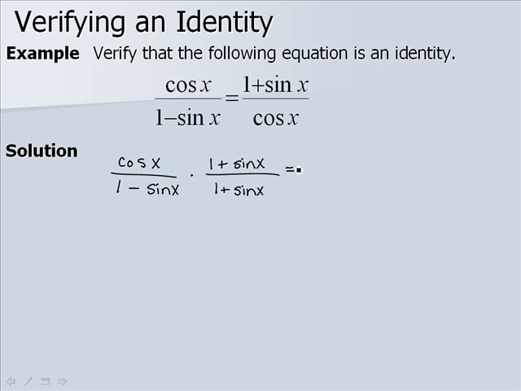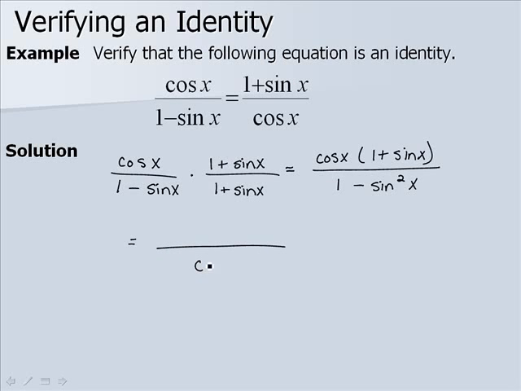So when we do that, we end up with the cosine of x times 1 plus sine of x over, in the bottom we'll have 1 minus sine squared of x when you do this multiplication and simplify. Now remember that 1 minus sine squared of x is our Pythagorean identity, and we'll get cosine squared of x.